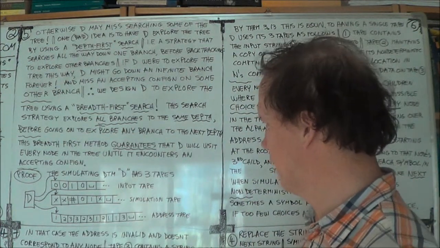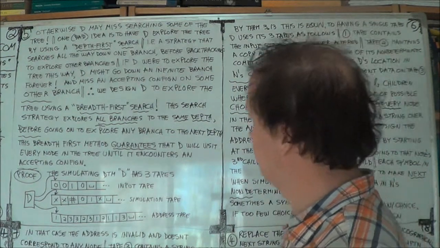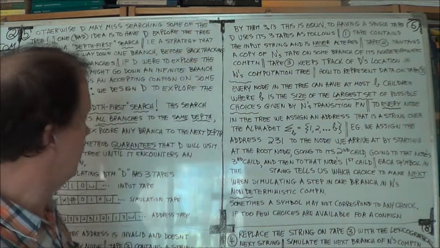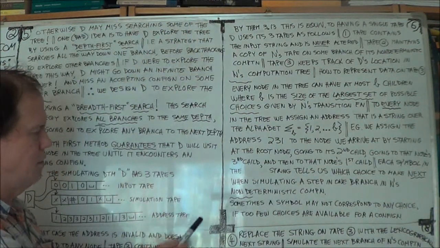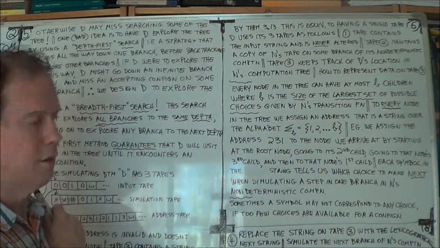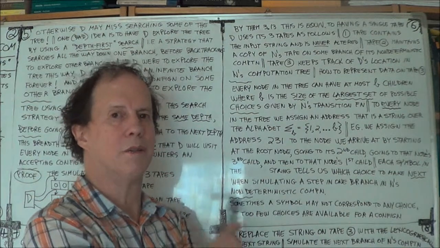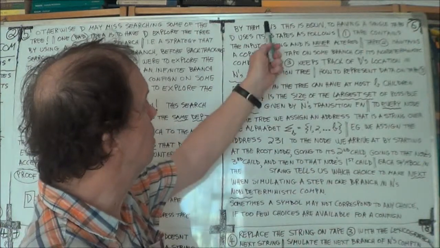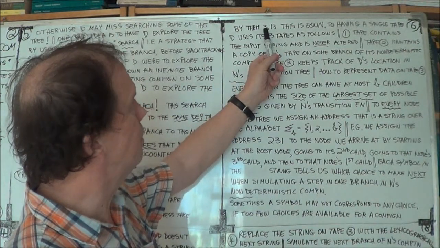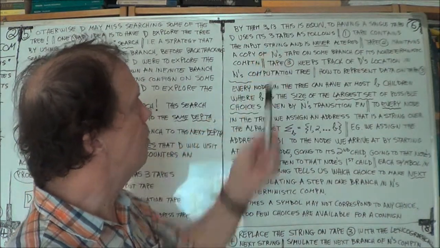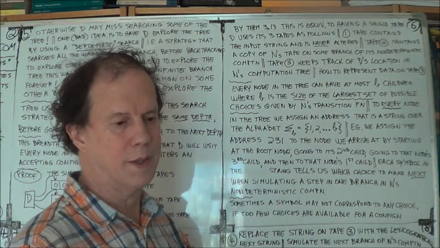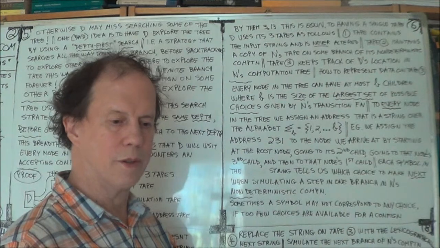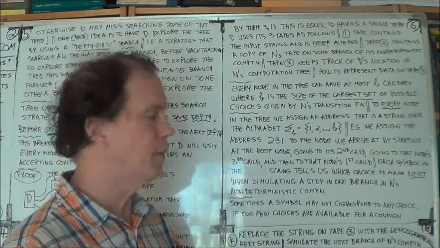Now, I need a few remarks. You may be saying, this Turing machine has 3 tapes, so it is not a standard Turing machine. A standard Turing machine has 1 tape. Well, we can use the theorem we did a bit before, theorem 3.13, which says that a multi-tape Turing machine is equivalent to a single-tape machine.